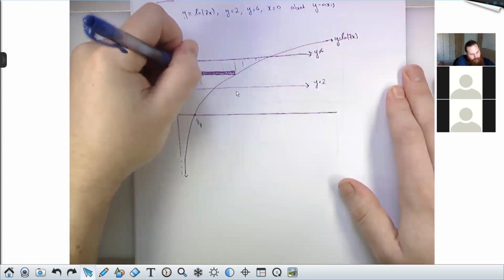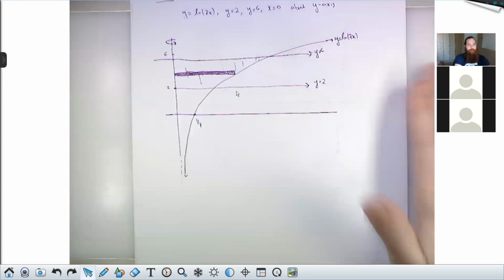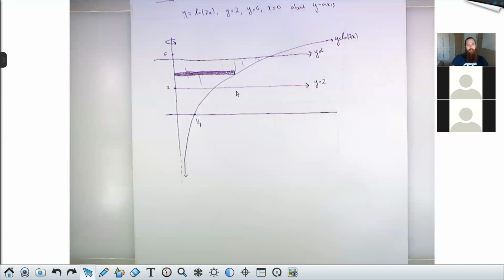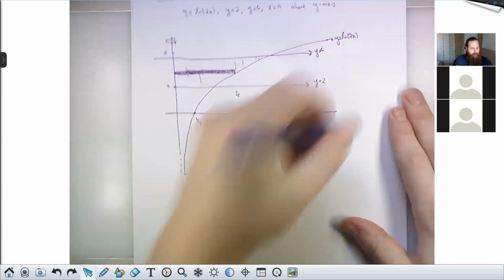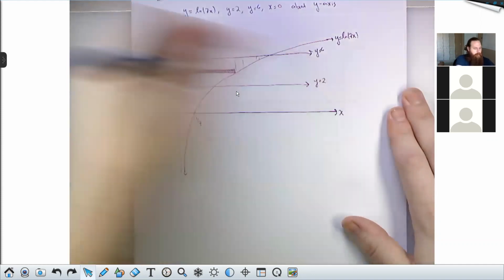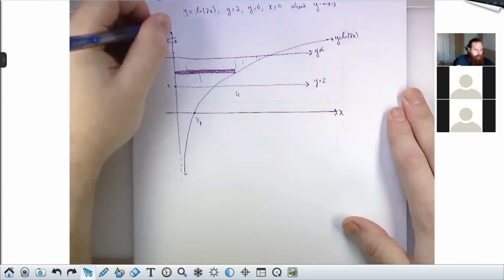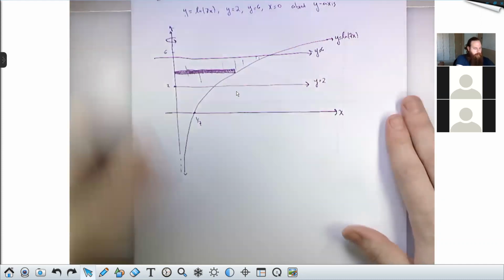Really putting my drawing skills to the test this morning. All right, so there's my strip. This is the x-axis. This is the y-axis. And those curves are what they're labeled as.